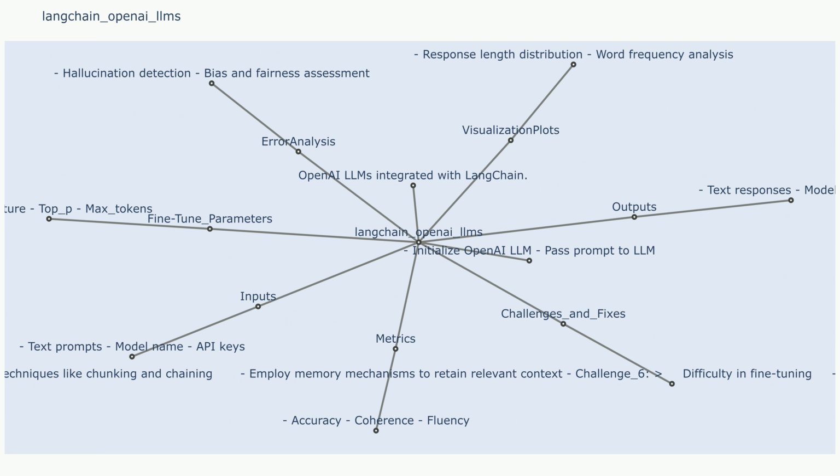Challenge 3: ethical considerations. The potential misuse of LLMs raises ethical concerns about privacy, security, and responsible use. Sample use case that resulted in challenge 3: the generation of harmful or offensive content using the LLM. Fixes to challenge 3.